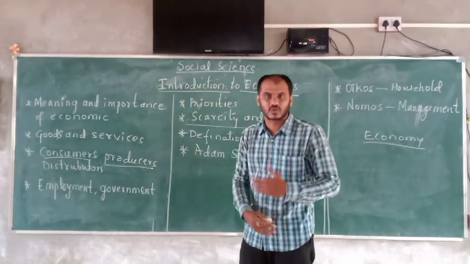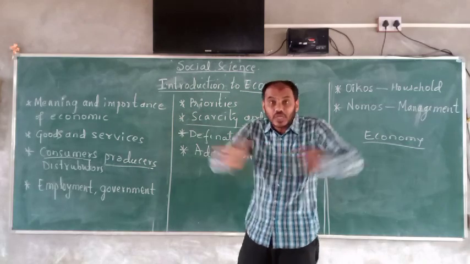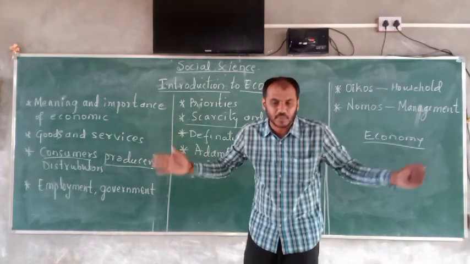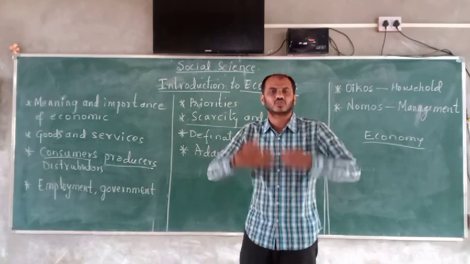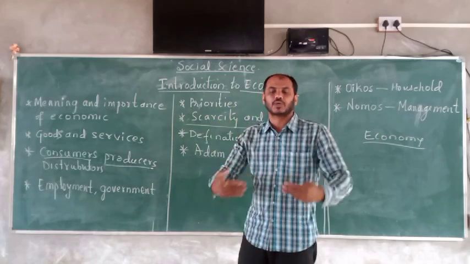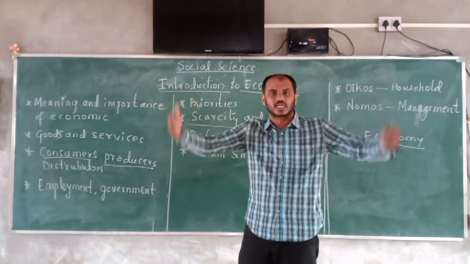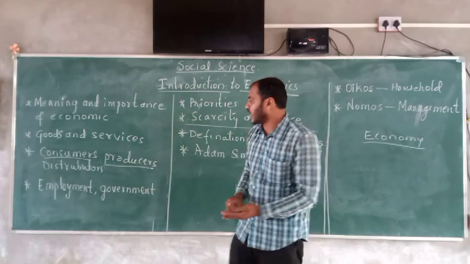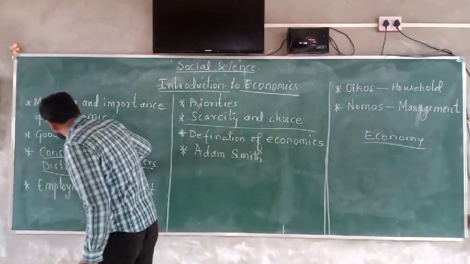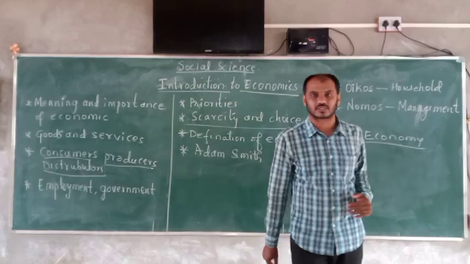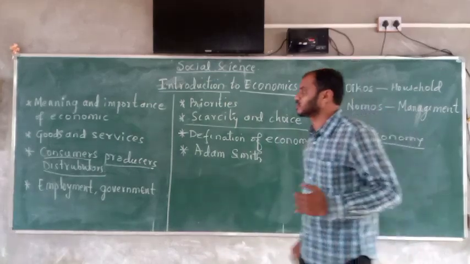Now the produced goods have to reach the people by means of transport, traders, shopkeepers, wholesalers, retailers, etc. They are called the distributors.